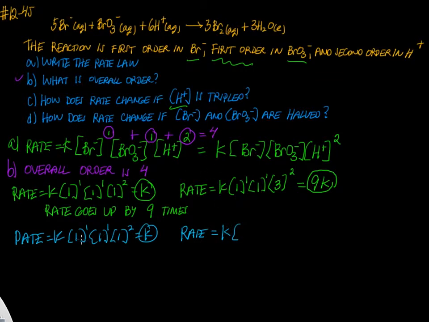So we're halving Br minus, which is the first term, so 1/2 to the first power, times BrO3 minus is halved as well, so let's put a 1/2 in here. And it doesn't say anything about H plus, so we're going to assume that's the same. Okay, so 1/2 times 1/2 times just 1 is 1/4.